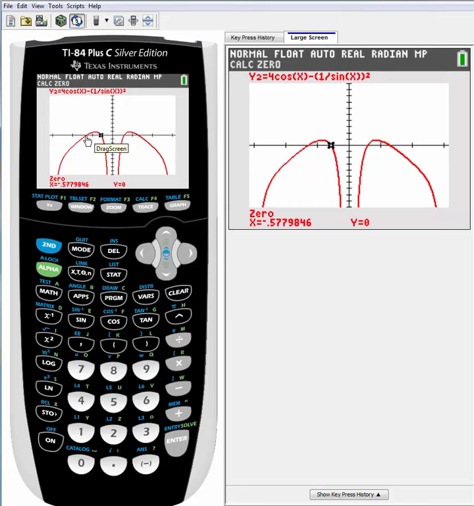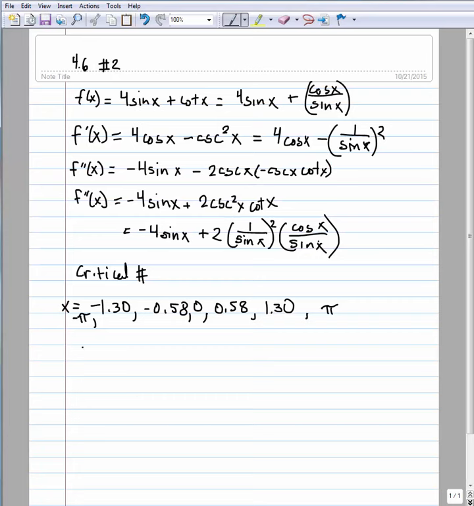So we know these values are negative 1.30, negative 0.58, and then 0.58 and 1.30. So we can conclude that the intervals of increase are only from the place where we saw the positive value.